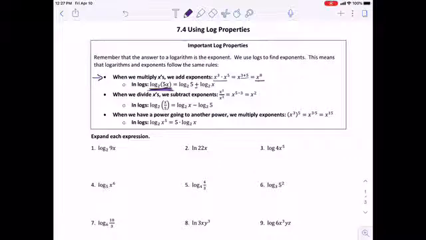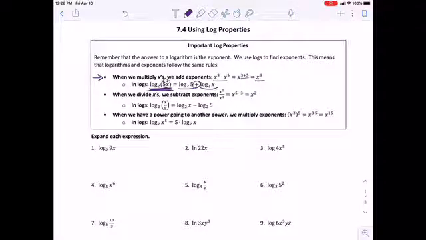So notice that the 5 and the x both get their very own logs. We have log base 2 of 5 and log base 2 of x. Both of them got their own log, and then because it was multiplication, we turn that into addition in between. So if I were to give you a problem and ask you to expand it, that's how you would do it if it's multiplication.